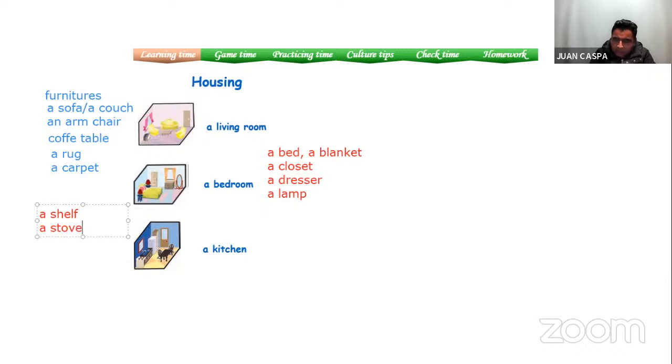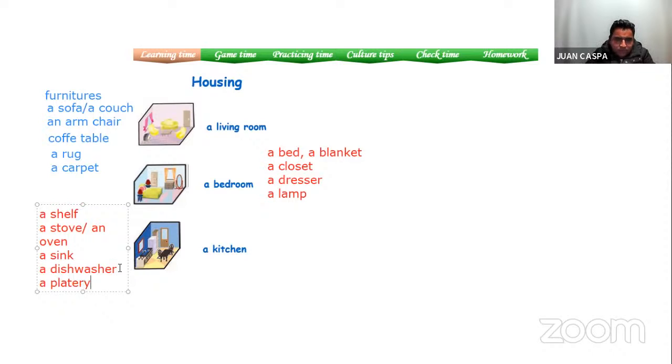And after that, we could have an oven, un horno, right? An oven and a sink. Right? A sink is the place where you wash your hands, or you can also use a dishwasher, lavaplatos, a dishwasher, of course.